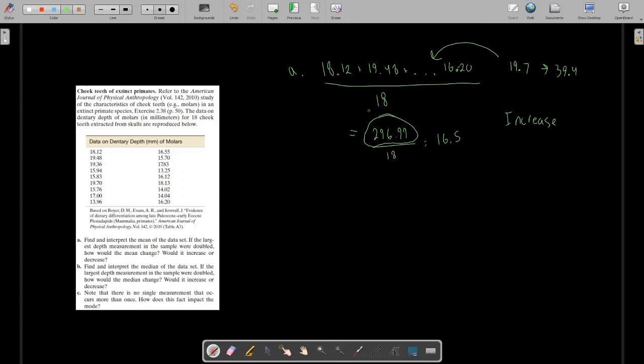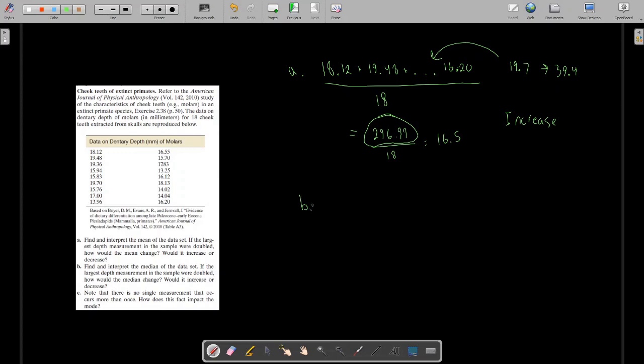If we double one of the values that we added up in the numerator, then the new numerator must be bigger than the original one of 296.99. And so when we divide by 18, we will get a value that is larger than 16.5. So the mean will increase in this case.